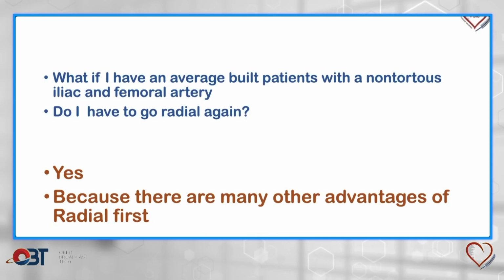But what if the radial and femoral are not tortuous, the patient is straight, not thick, not obese, should we not use radial? No, I think yes, again we have to use the radial because there are other advantages of radial, and we will see in the next few slides.